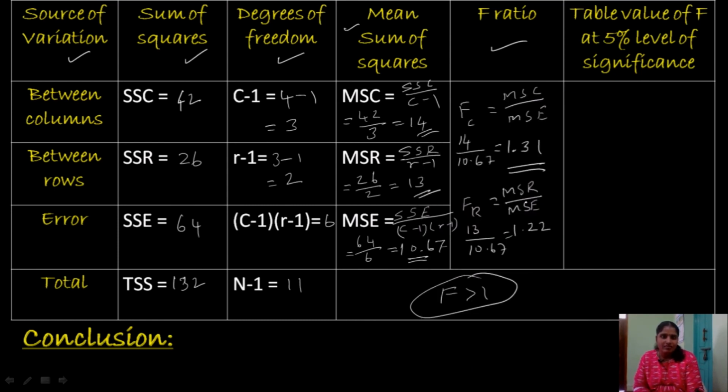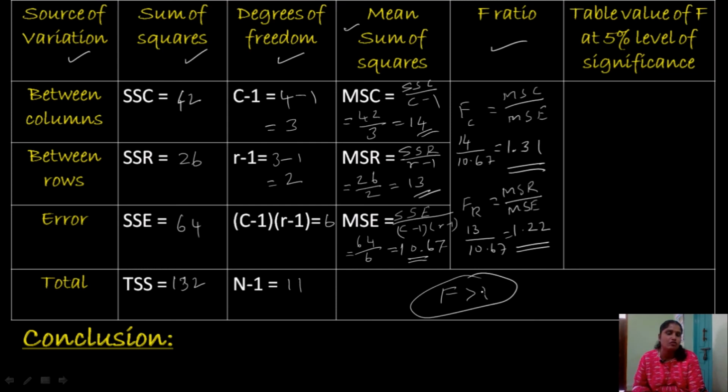So we calculated the F ratio for column and row treatments. You just remember that, by taking the F ratio, the numerator value should be greater than the denominator. Based on that, you have to choose which one occupies the numerator and which one occupies the denominator. The resulting value of F should be greater than 1.